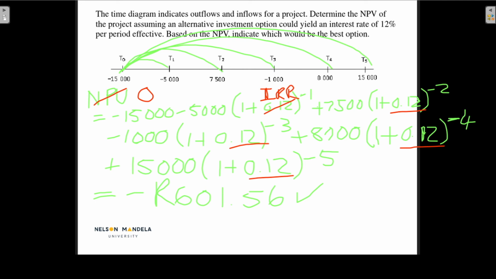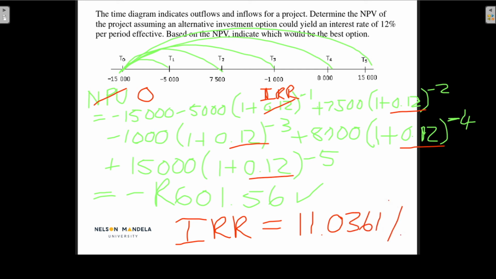We cannot solve that by hand. We have to make use of our financial calculators. And when I used my financial calculator, I got for the internal rate of return 11.0361%.